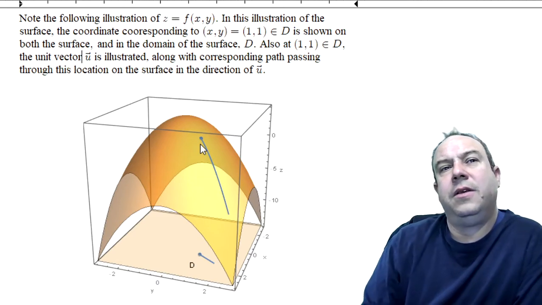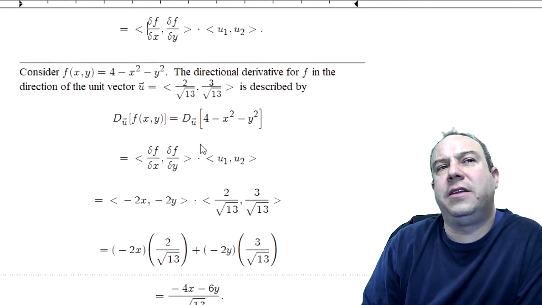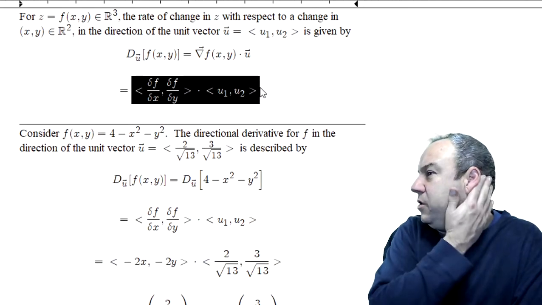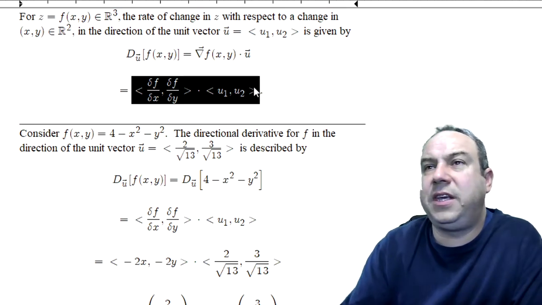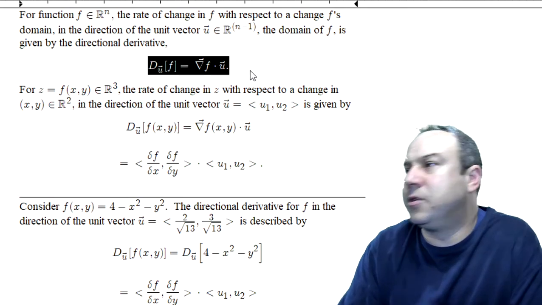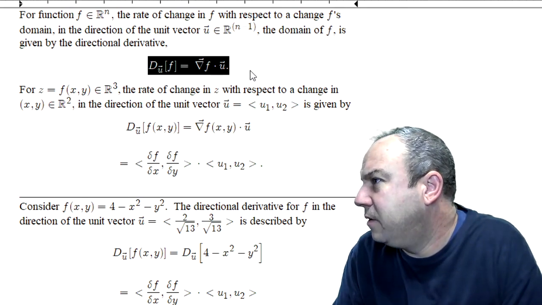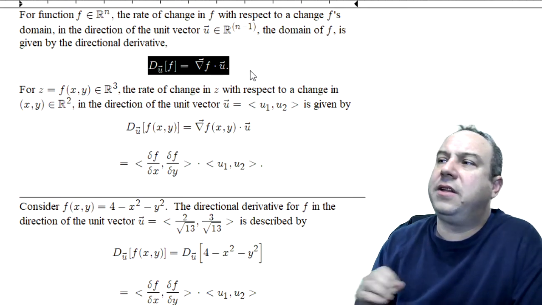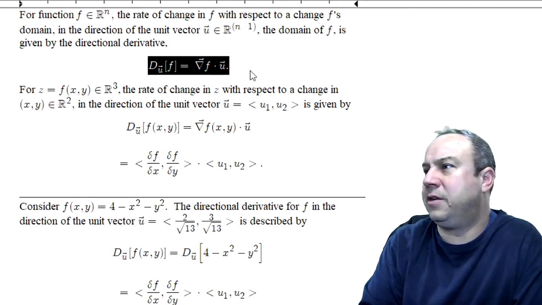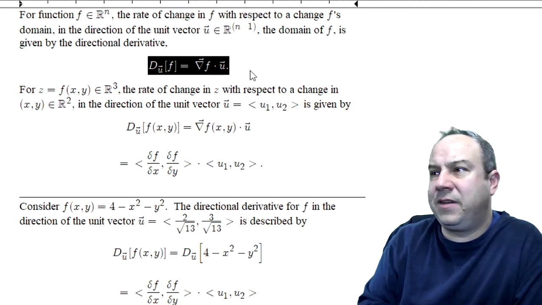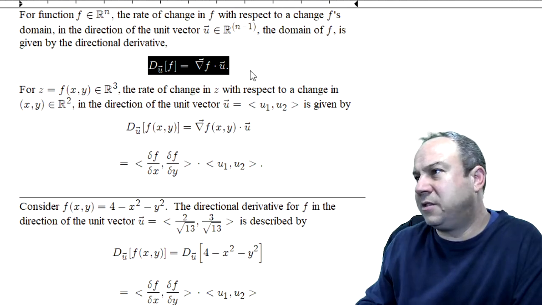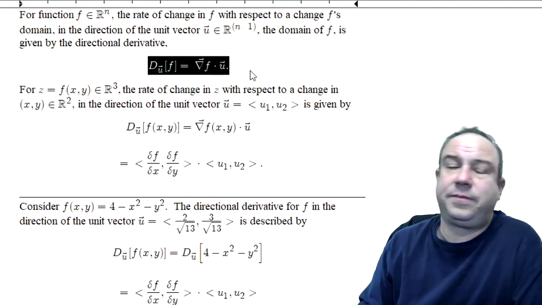Right? If you take the gradient and you dot it with your directional change in 3 dimensions as we see here, or in any n-dimensional space as defined above, you will calculate the directional derivative of that function in that noted direction at any given coordinate on our surface, or as noted above on our hypersurface.